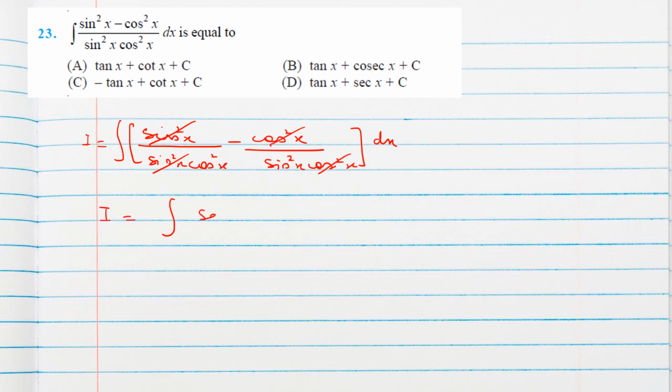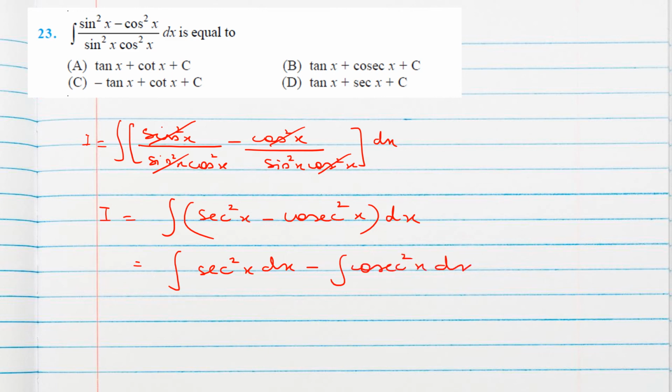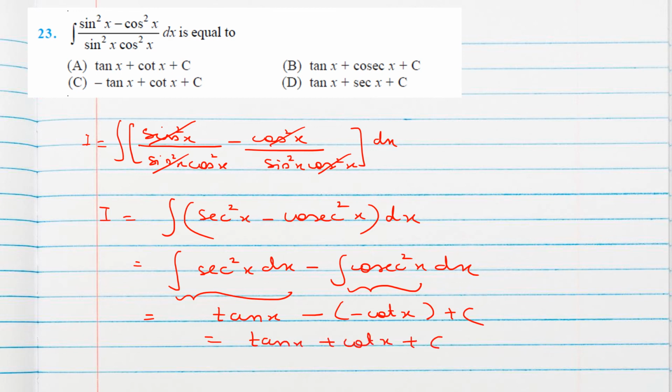That means sec square x minus 1 by sine is cosec square x. So separate the integral. So for this we have direct formula, that is tan x, minus, for this we have direct formula, that is minus cot, okay, that is answer will be tan x plus cot x plus c, which is in option A. So option A is correct.